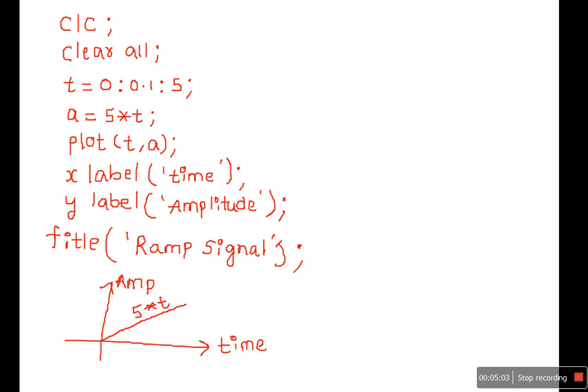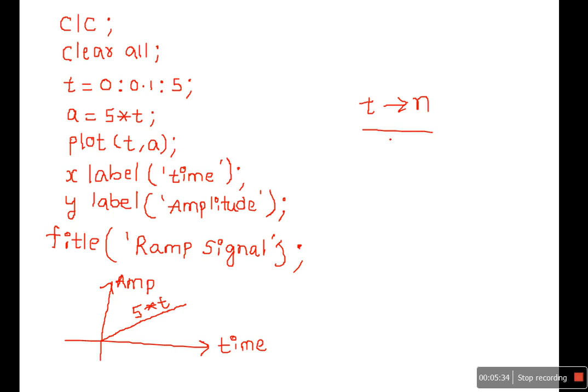In the same manner, we can generate a discrete signal also. For the same program only two changes have to be done. Discrete means discrete values of time have to be given. That is indicated with n. So in place of t, we have to write n, which is equals to, you can give starting time 2 also, no problem. Integers have to be given.